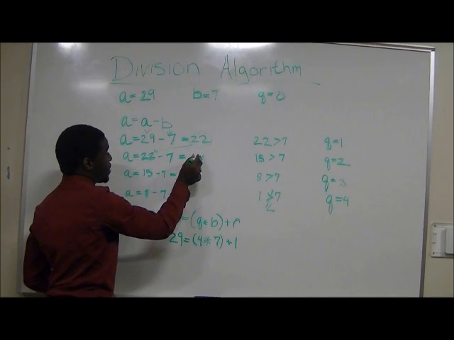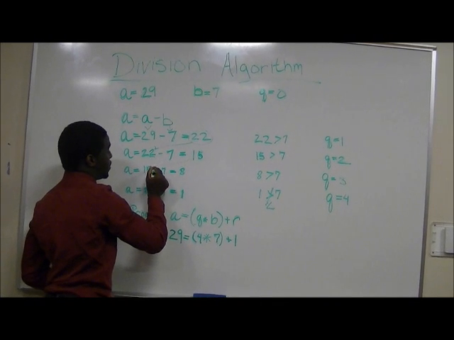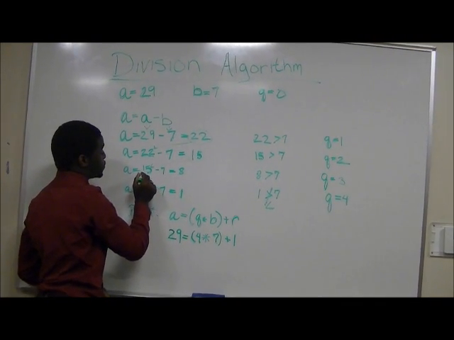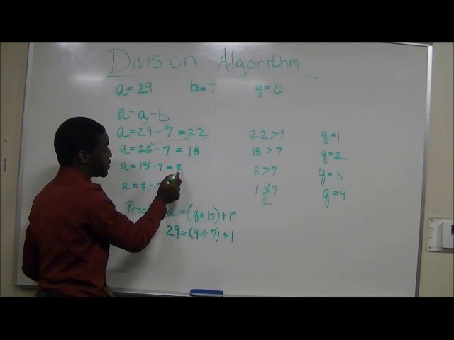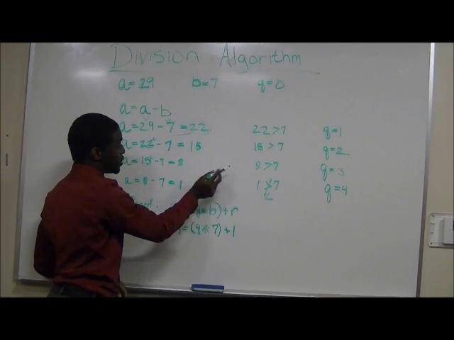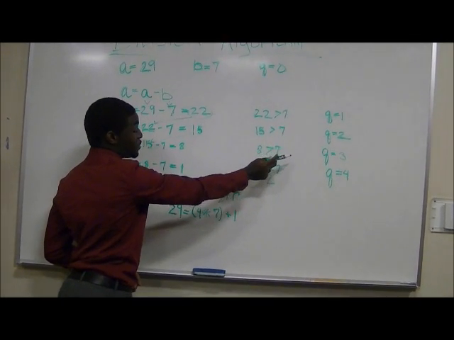And you would again reapply your new A to become your current A in your equation, which would now be A equals 15 minus 7 equals 8. And again, you compare your A to your B, and you get your third count.